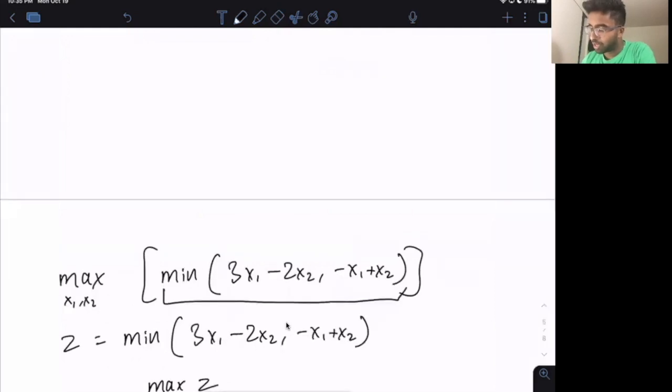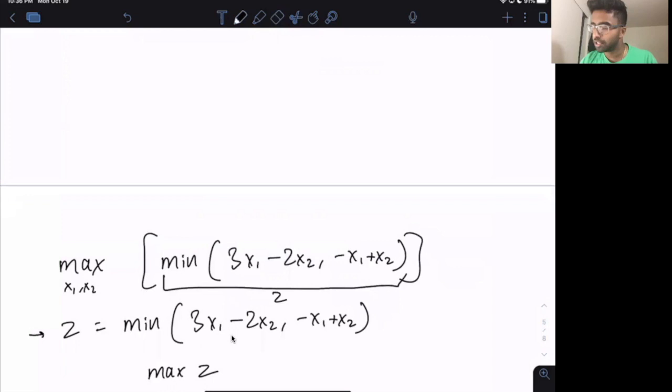I wrote that here: z equals the minimum of 3x1 minus 2x2, comma, negative x1 plus x2, right? And we want to maximize z. That's our whole goal, again from Row's perspective.